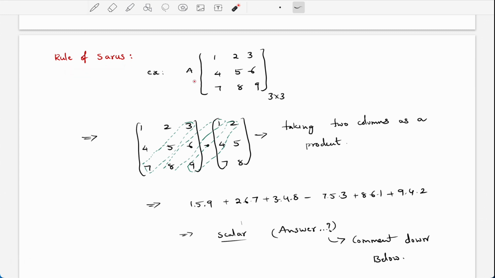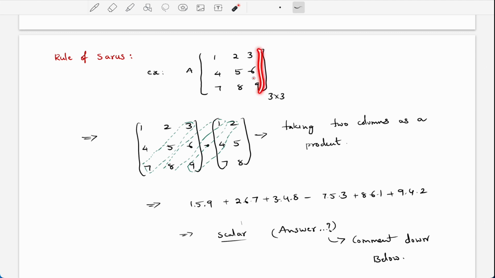What do you mean by the rule of Sarrus? It's just a name, a new name, the rule of Sarrus. It's simple, though the diagram looks complex. We have a 3 into 3 matrix like 1 2 3, 4 5 6 and 7 8 9.